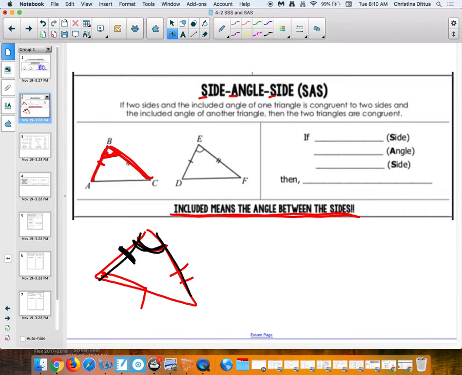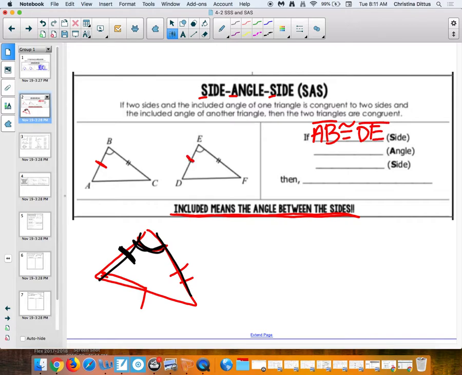Okay, so let's fill out our little thing. If I have my side AB, and it's congruent to which side matches AB? DE.